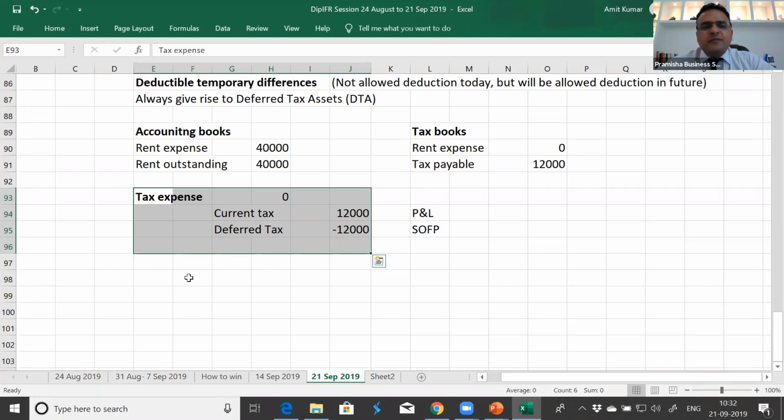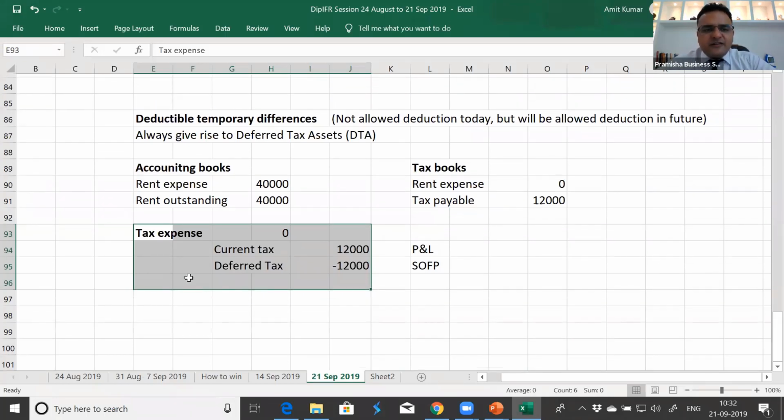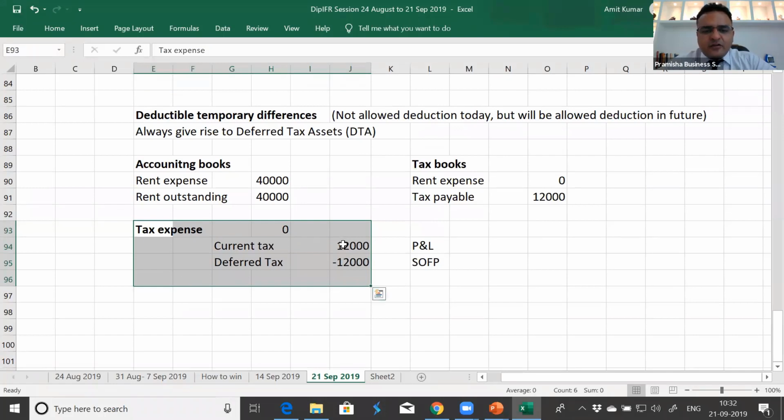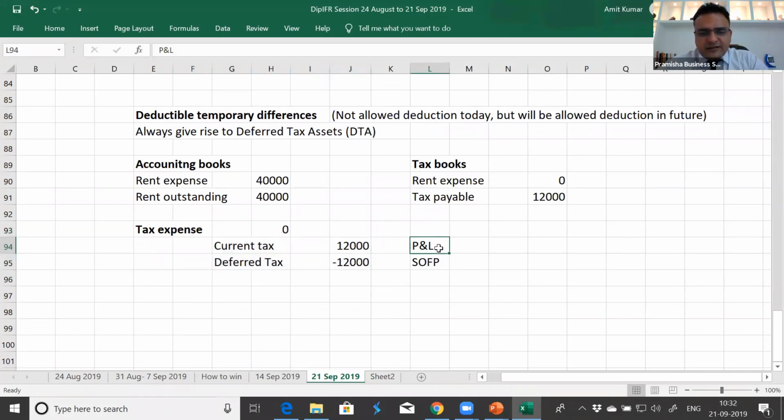It is simply a deductible temporary difference. So this is tax payable. 12,000 is the tax payable by you, and 12,000 will be recorded as part of your deferred tax assets as well. The balance is your debit equals credit, but there is no tax expense because you are not liable to pay this.